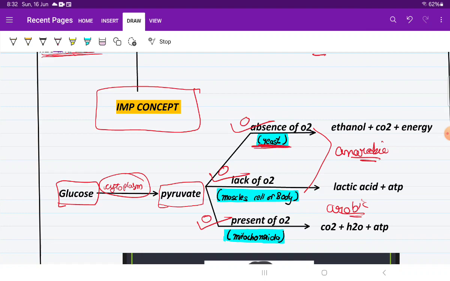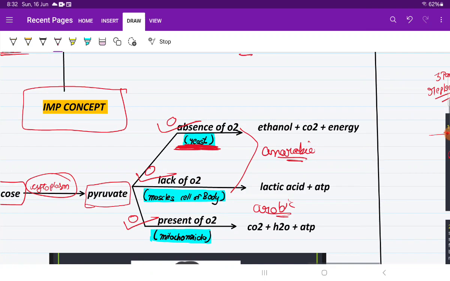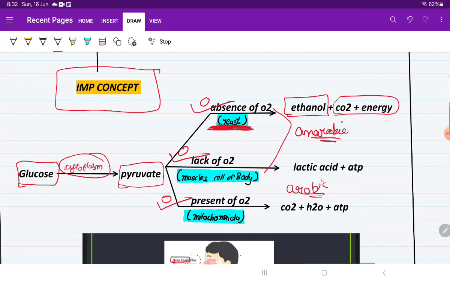It takes place in yeast. Then it will form ethanol plus CO2 plus energy. Energy is forming everywhere. Lack of oxygen takes place in muscle cells of our body, and forms lactic acid and ATP.